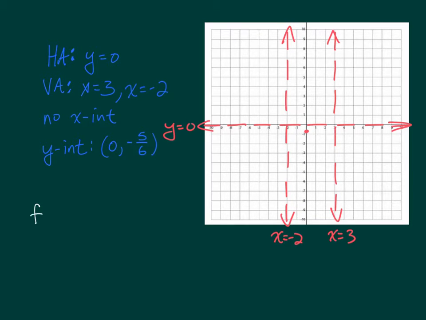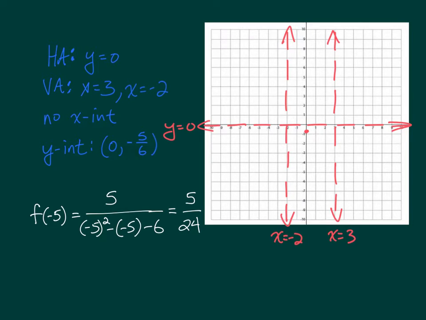So we will find f of negative 5, which is equal to 5 over negative 5 squared minus negative 5 minus 6. And what that gives us when you use your order of operations and simplify everything down in the denominator is 5 over 24.